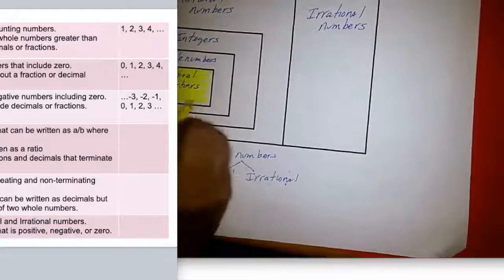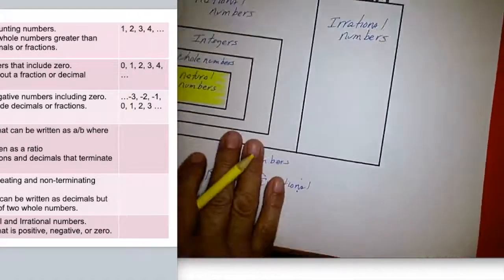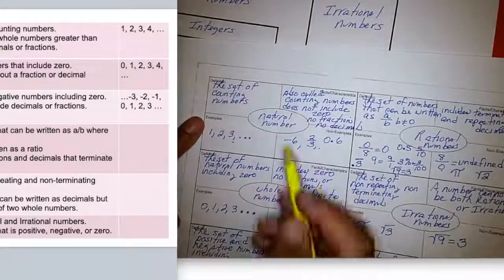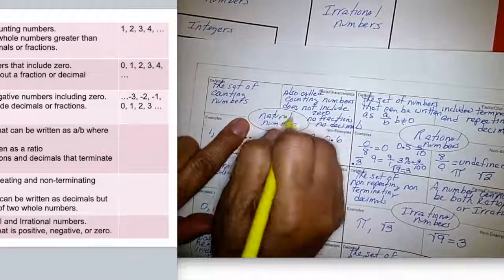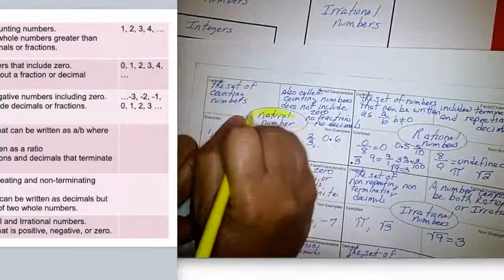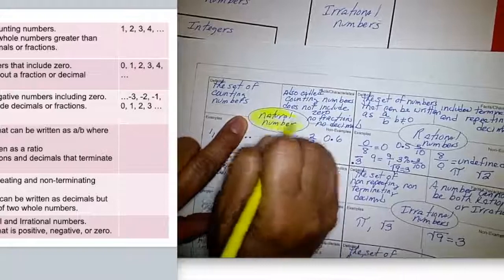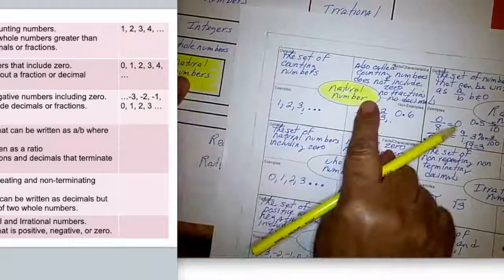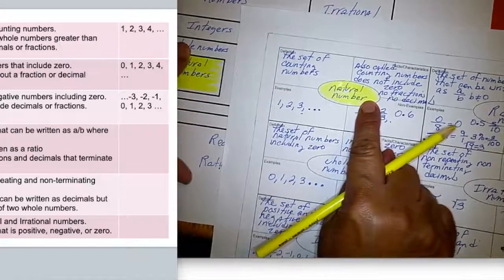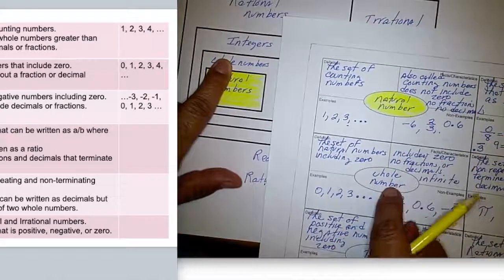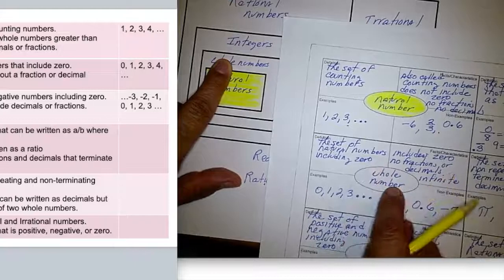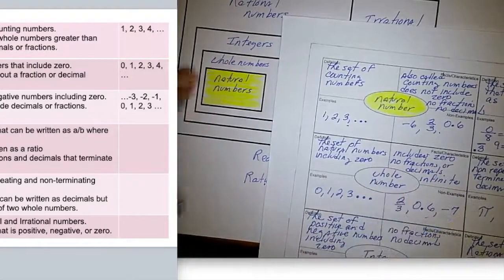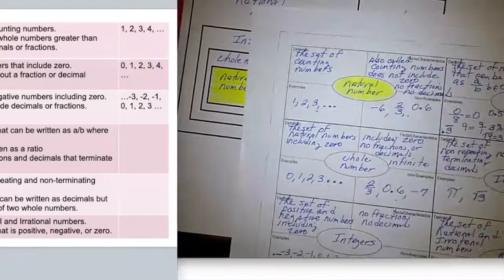So if I were going to shade my natural numbers yellow, I would go to my graphic organizer with my Frayer model and shade it yellow also. So this way they have the same color. Then I would go to whole numbers, pick a color, and shade the inside, and that's just a color code to make it a little bit more pleasing for the student. We insert these in our notebooks.